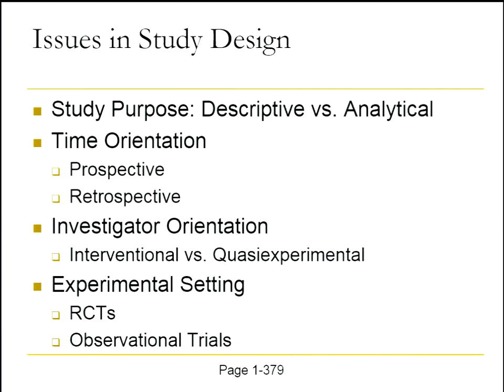And then lastly, and what we'll spend the most amount of time on, is what's the experimental setting? Is it a randomized controlled trial, or is it an observational trial? And what's the difference between those, and what are the differences in how we can apply those to our particular situations?